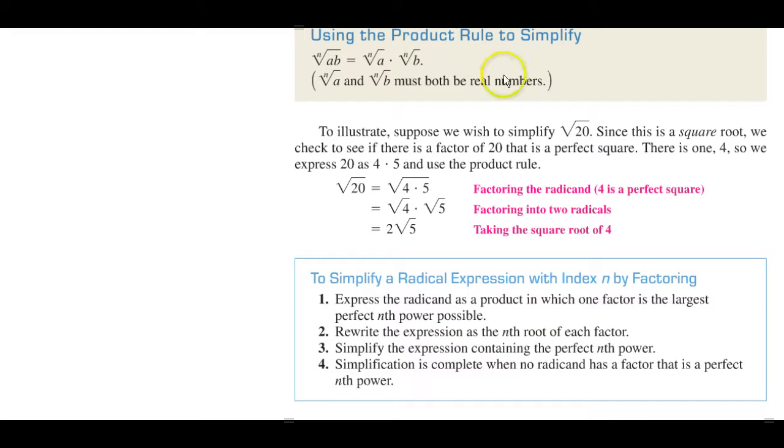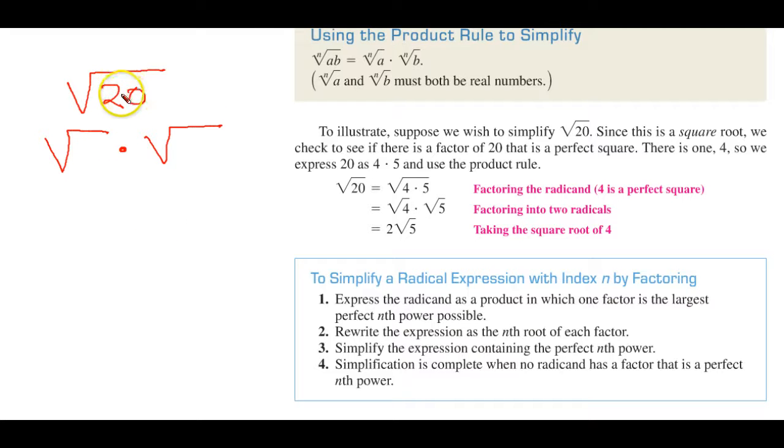So let's take a look at this and start to develop strategy. If this is the square root of 20, and they're asking us to simplify that, well, we know that this could have been the square root of something times the square root of something.